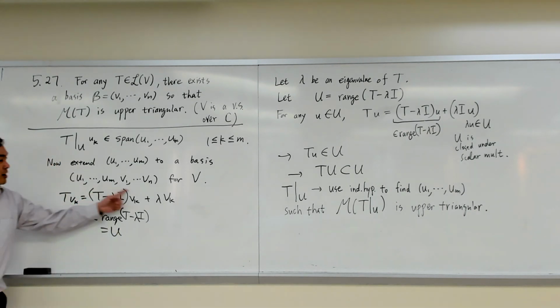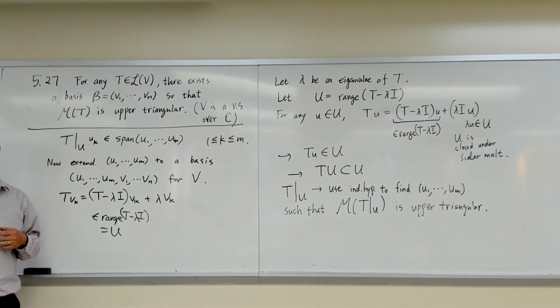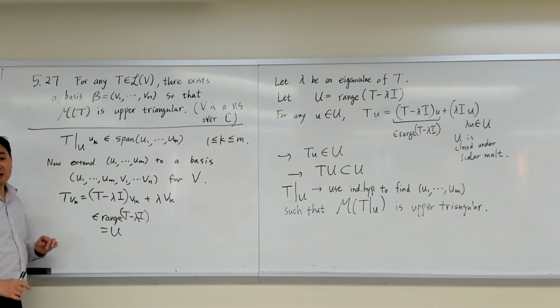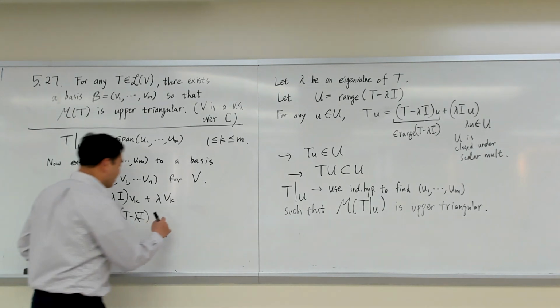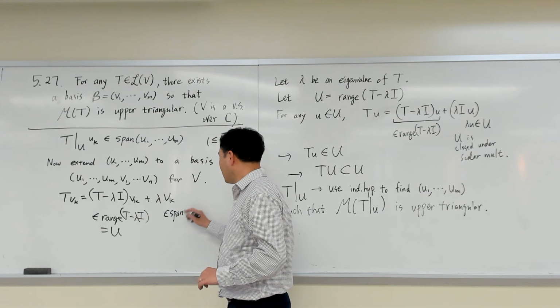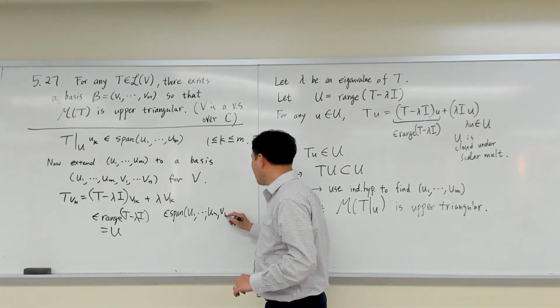So these are in the span of u1 through um. Agreed? But then you have lambda vk, so this is again in the span of u1 through um and v1 through vk.